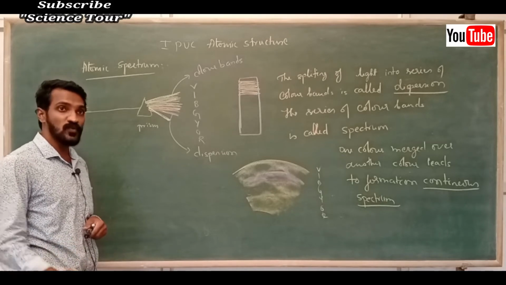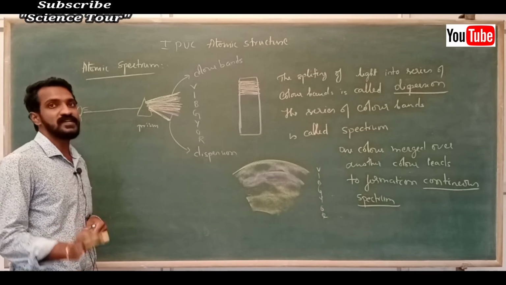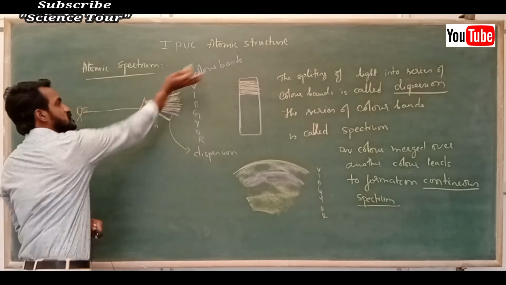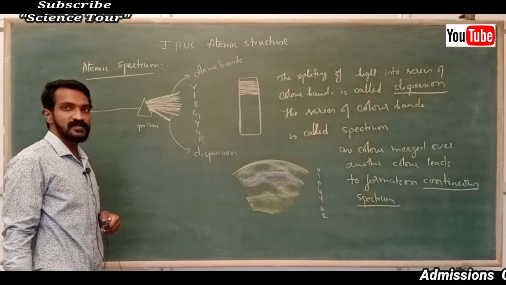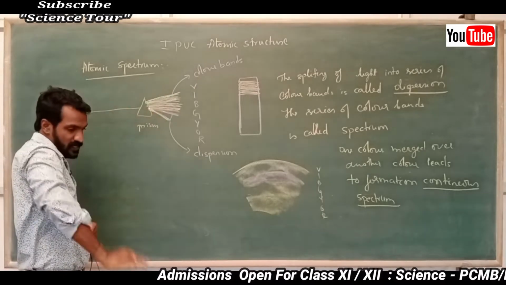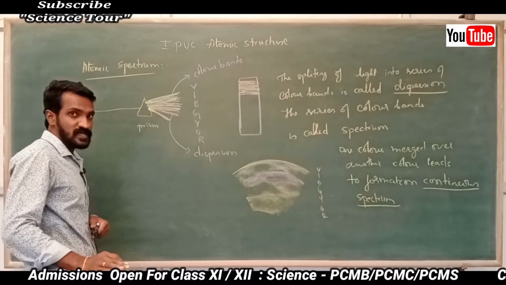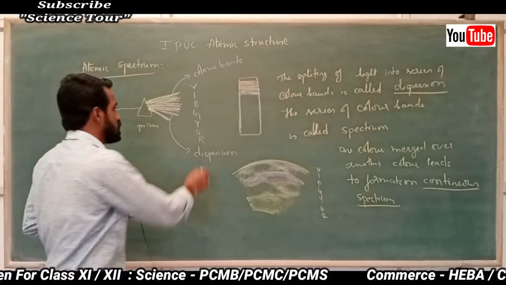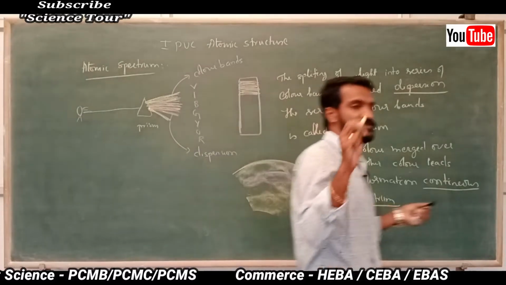Bends means deviates like this. One which has the longest wavelength deviates most, and one which has the lowest wavelength has less deviation. So the one we can see nearby the prism, bent more, with more deviation, is the longest wavelength. Red has the longest wavelength. Understood? Please note that.